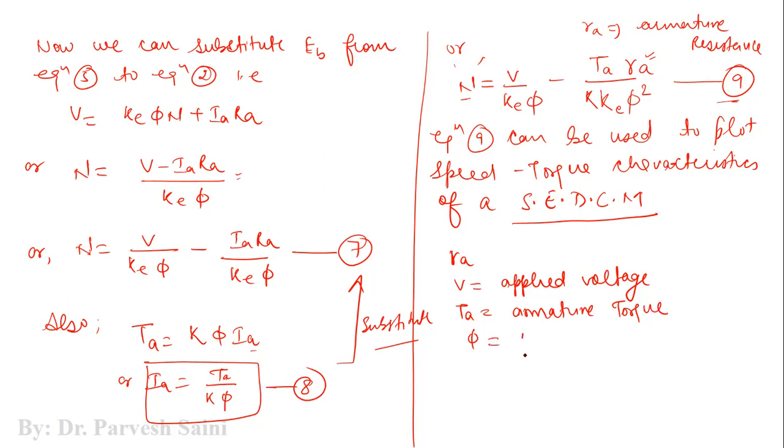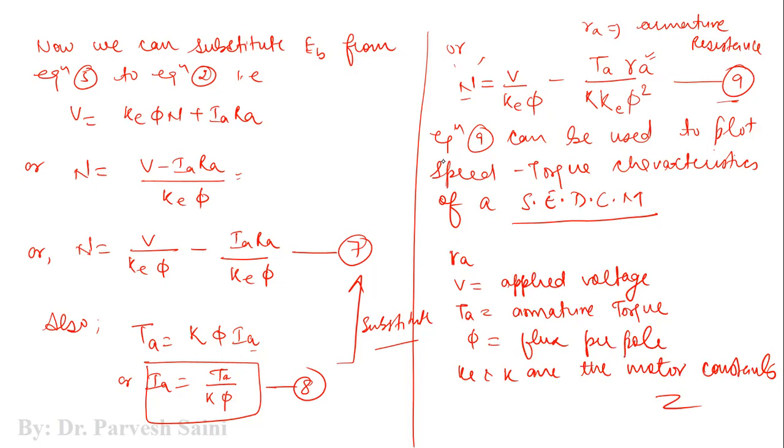Φ is nothing but flux per pole, and Ke and K are the motor constants. So that means we can draw the speed-torque characteristics with respect to variable voltage, with respect to variable armature resistance, and with respect to the variable flux also, right?